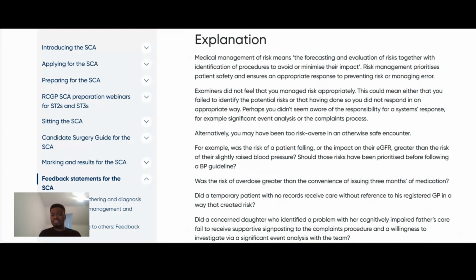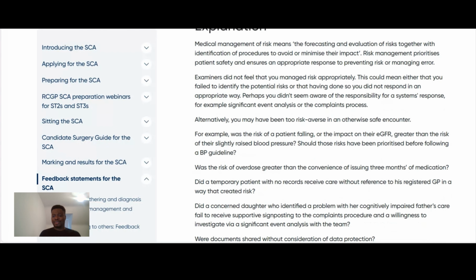And when we don't manage it well, what the examiners will say is that they did not feel that the risks were managed appropriately. If a doctor takes a risk without the other side of the risk clearly explained to the patient, look, we are starting you on furosemide now. We need to check your kidney function in a week or two just to be sure things are fine. That would be the risk we should be dealing with on the other side.